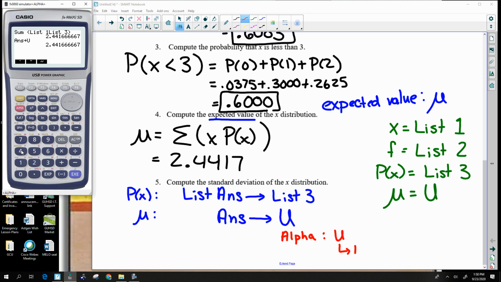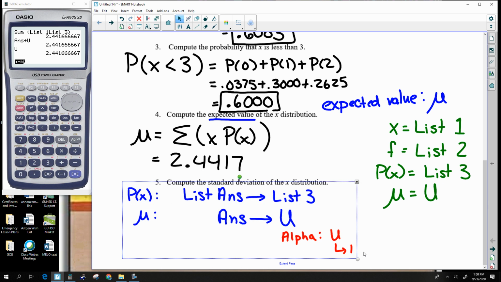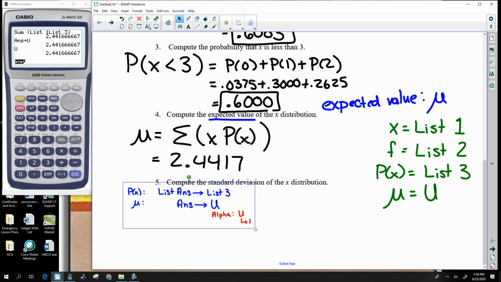So now whenever I use the letter U in my calculator right now, it recognizes it as 2.441666666. Learning all sorts of new buttons today and stuff.